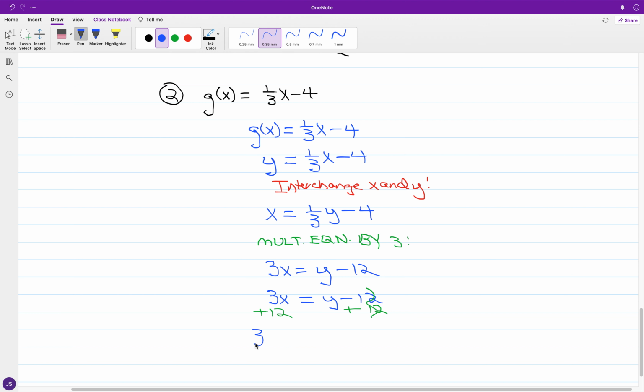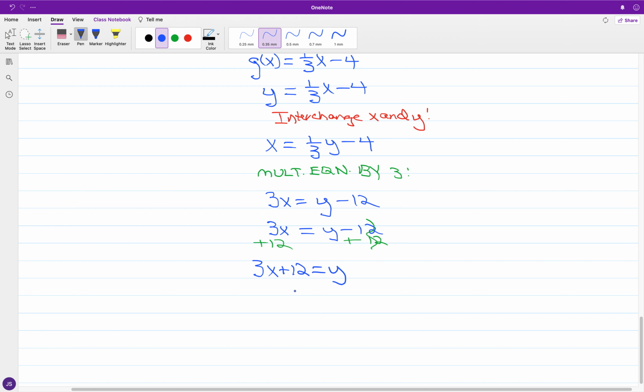And we have that 3x plus 12 is equal to y. And if I switch the order to have y on the left-hand side, I have that y is equal to 3x plus 12. Now my original function was in the form of g of x, so we'll just take the inverse notation. So I have the inverse of g of x is equal to 3x plus 12.